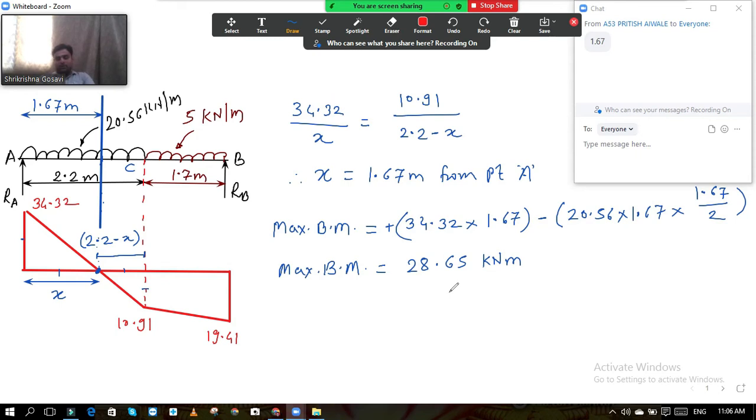Yes, sir. You have already taken the check for depth for the maximum bending moment, 39.22, and for that, whatever depth you have provided is sufficient. Now the maximum bending moment comes less than 39.22, that is 28.65, so even if you take the check for depth here, it is going to be safe.